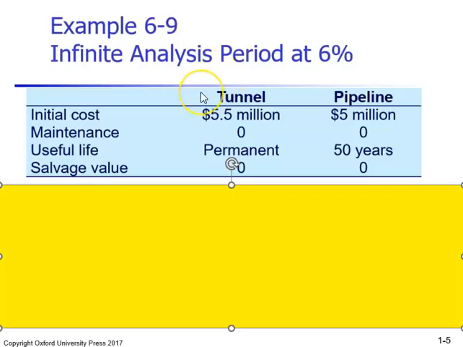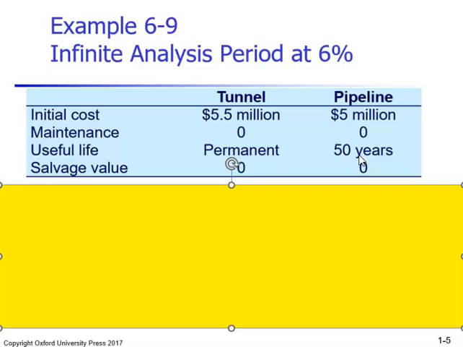One is making a tunnel and the other one is making a pipeline. For the comparison, the initial cost of making a tunnel is $5.5 million. No maintenance cost. Useful life is permanent. What about the salvage value? 0. For the pipeline, the initial cost is 5 million, maintenance is 0, and useful life is 50 years.